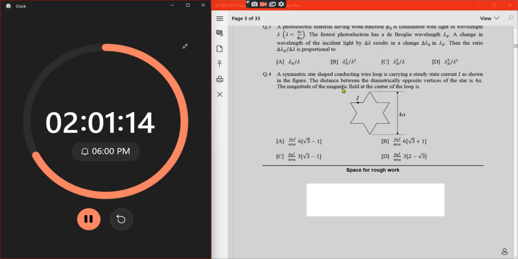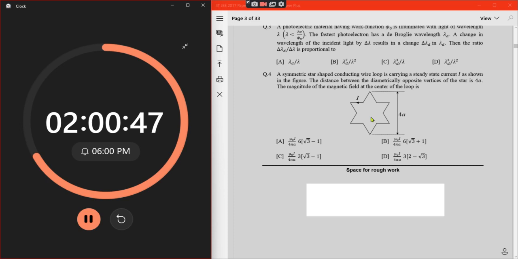We just want to integrate this. That's kind of a weird thing going on, so we only need to find one part, because that one part is the thing that matters. Mu naught I upon 4 pi, and then you integrate this. Do you remember something?